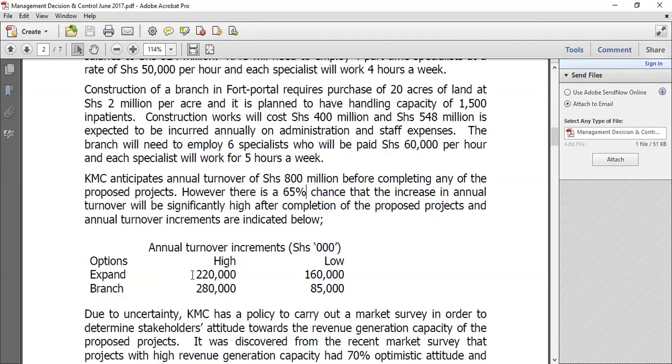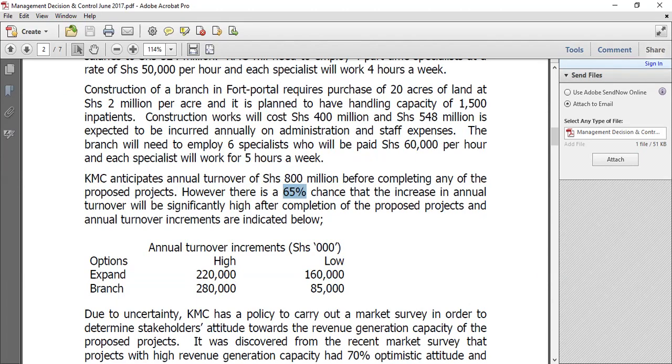And incorporate these respective values here. Okay. Remember, one of the lines is expand, and then one of the lines is actually do what? Not expand. So they have also told us that there's 65% that turnover will be high significantly. So it means that the other remaining percentage is actually 35.